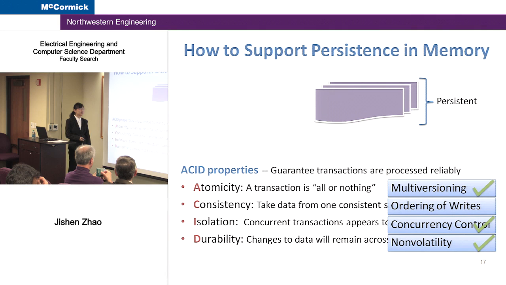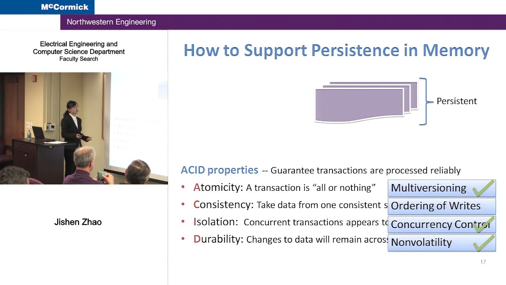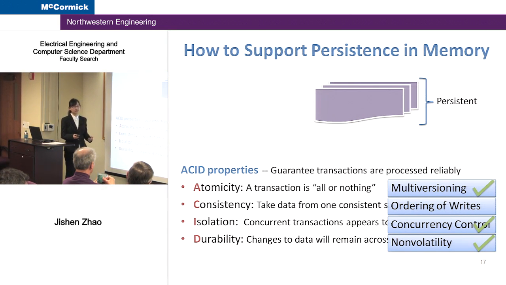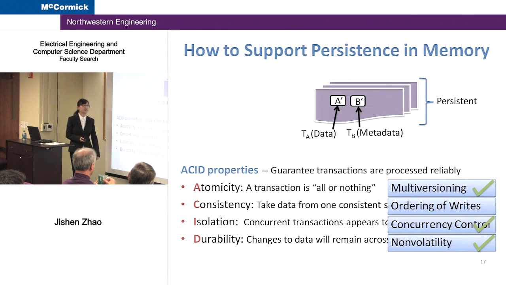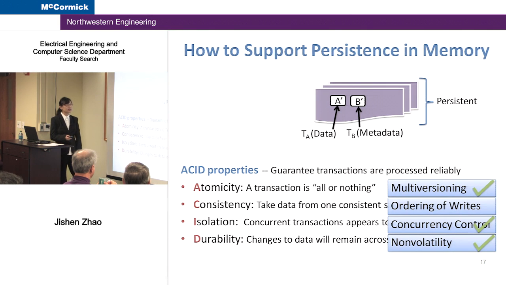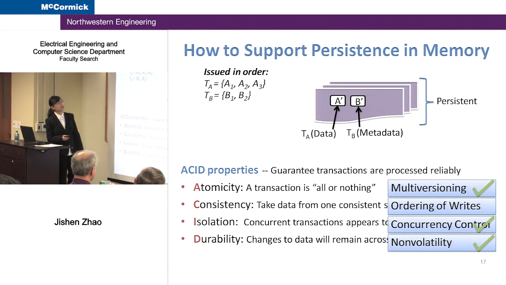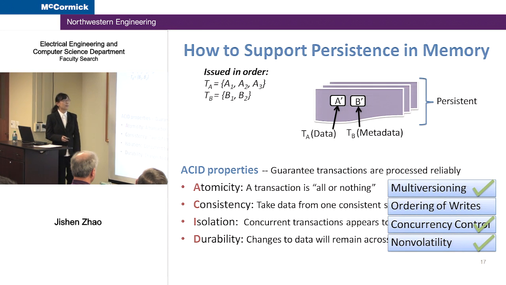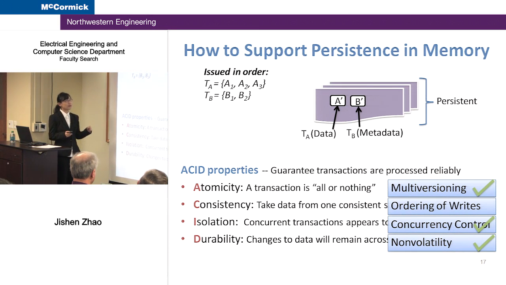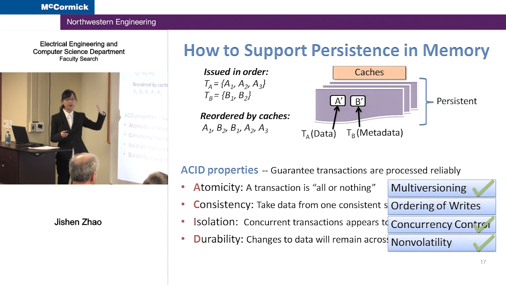consistency properties. It is important for persistent memory design, because without ordering control, the persistent memory may risk data corruption. For example, we have 2 transactions updating a data and a metadata referenced to it. The software will be programmed in a way that the 2 transactions are issued in order. But before all the writes arrive at the persistent memory, they need to travel across the cache and get queued in the memory controller.